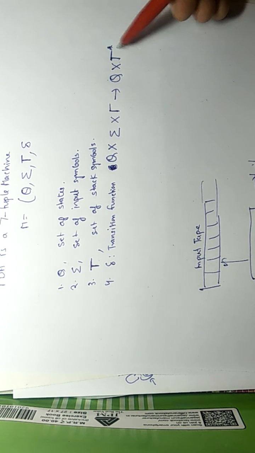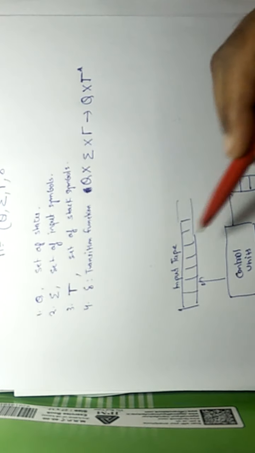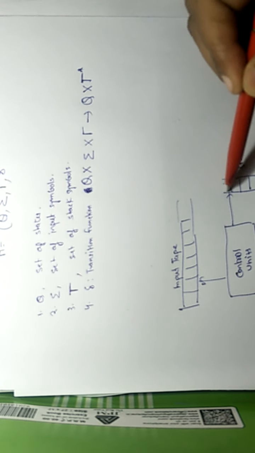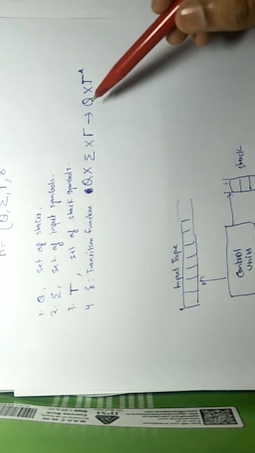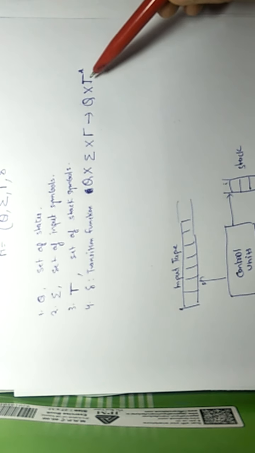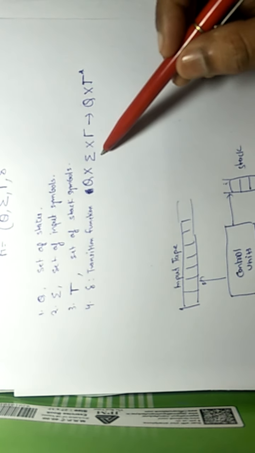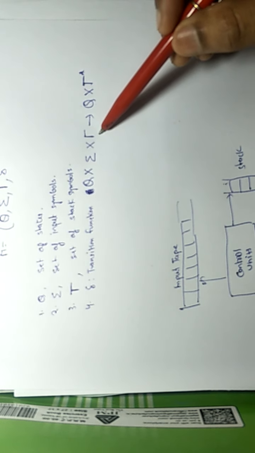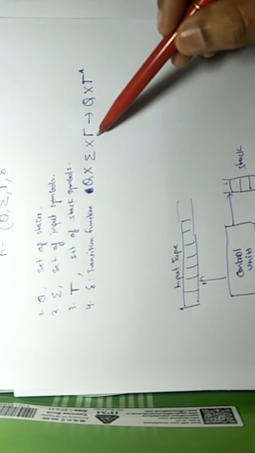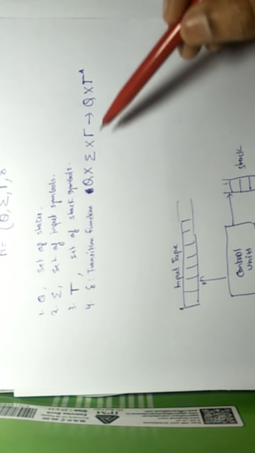Either we push something on the stack, or we pop something. So along with the input symbol, we have the top of the stack also. So Q is a state that reads input, sees the top of the stack, then moves to some state and makes some change on the top of the stack. This is the transition function.